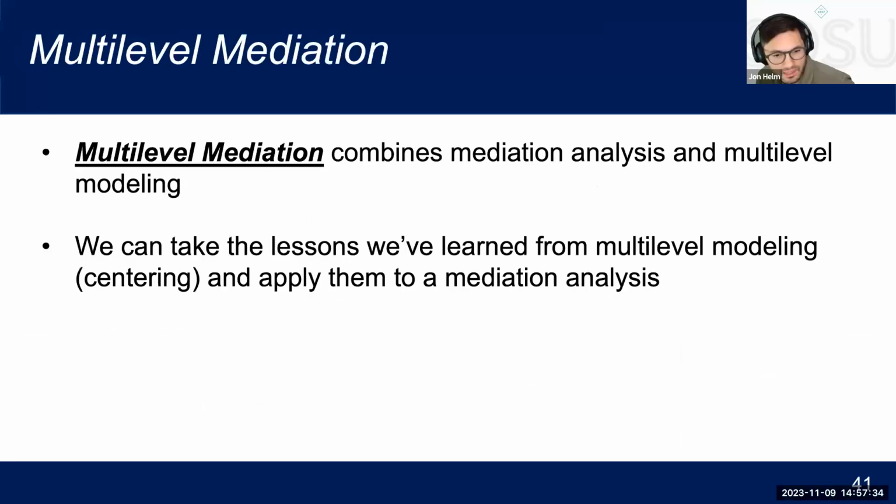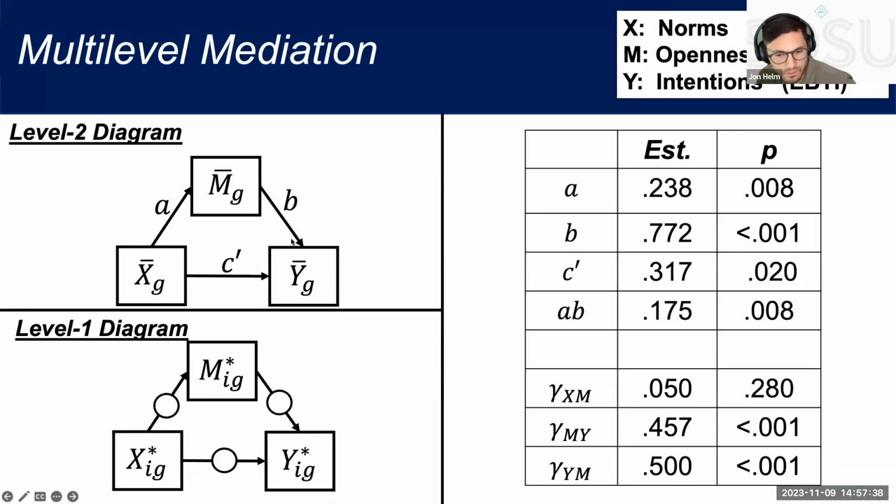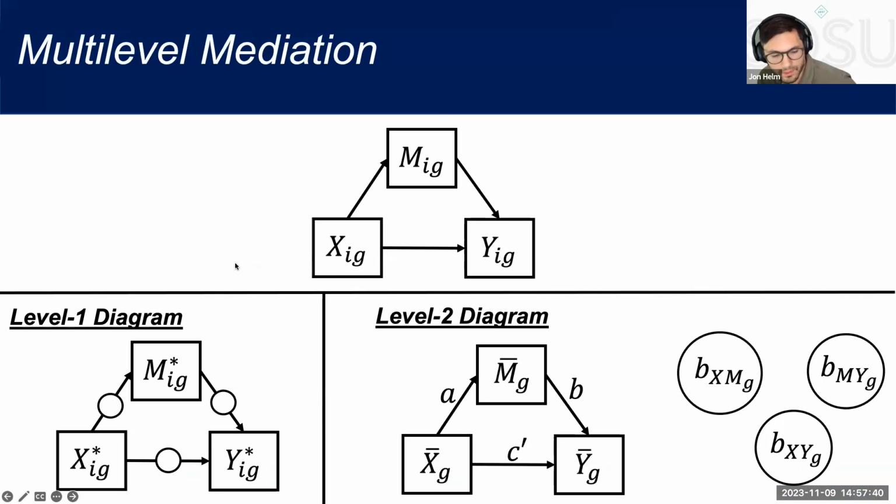So when we combine this, right, what will end up happening is we're going to have measures of individuals in different clinics, and we can have them for our X variable, our M variable, and our Y variable. And what I always recommend is let's split it into 2 parts. You can take the averages of people within each of the groups and you can model those. And guess what? This is exactly the same as the regular mediation we had just done before.